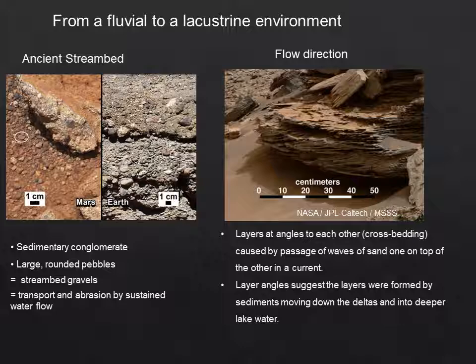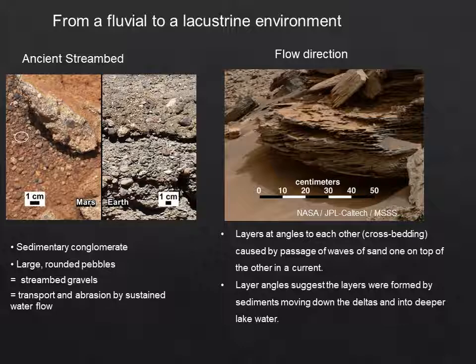We can also infer the flow direction of the water by looking at the layering of sediments such as those. The layering at various different angles, called cross-bedding, is caused by the passage of waves of sand on top of the other inside a current.